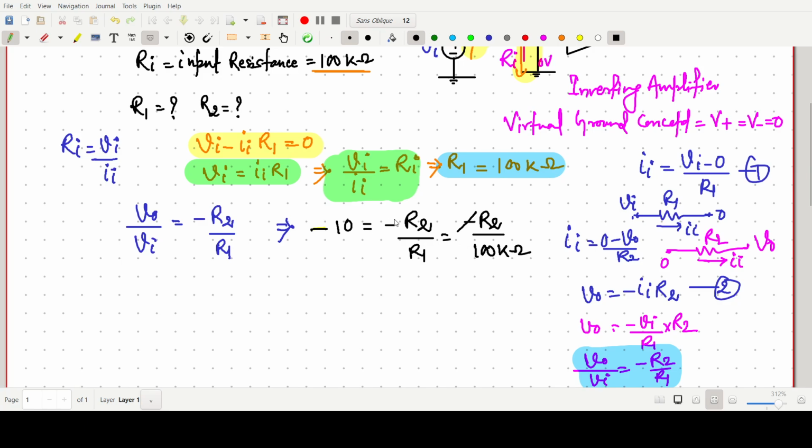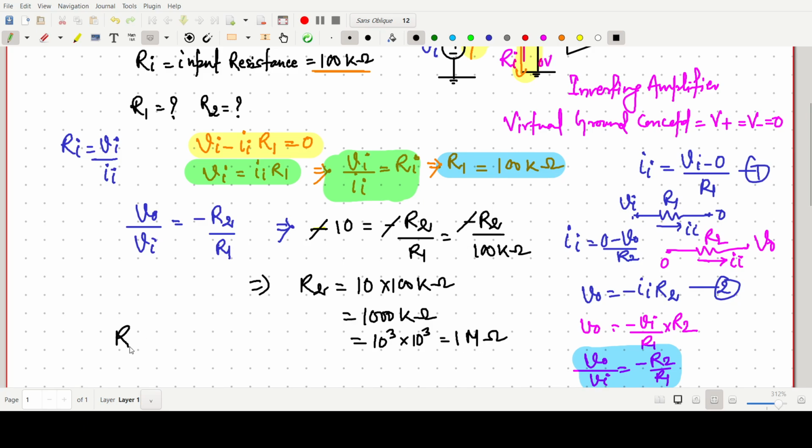The minus cancels out, so R2 equals simply 10 into 100 kilo ohm, or 1000 kilo ohm, which is 1 mega ohm.